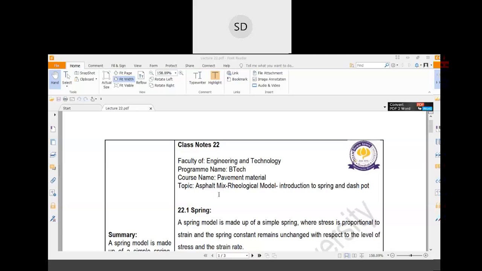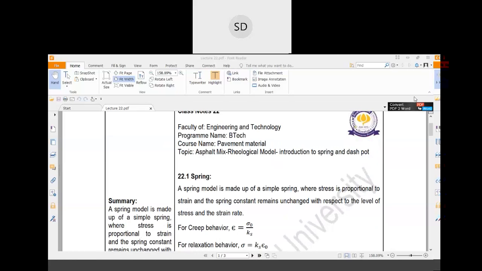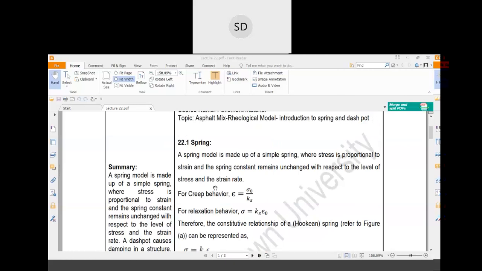Now for the spring model, if you go for a simple spring model, it is made up of a simple spring where stress is proportional to strain, and one constant is there that is called the spring constant. The definition of the spring constant is: for unit deformation, how much stress should be applied.